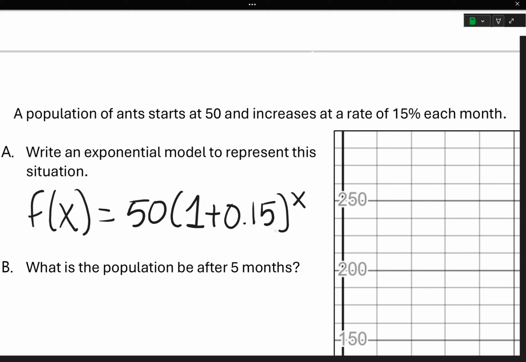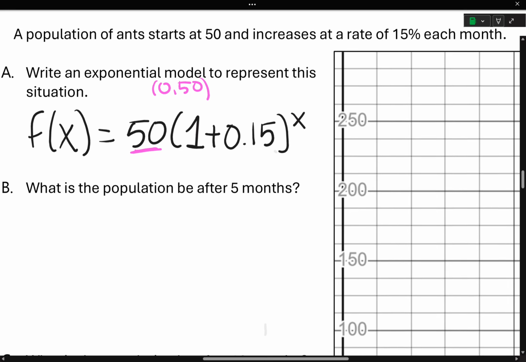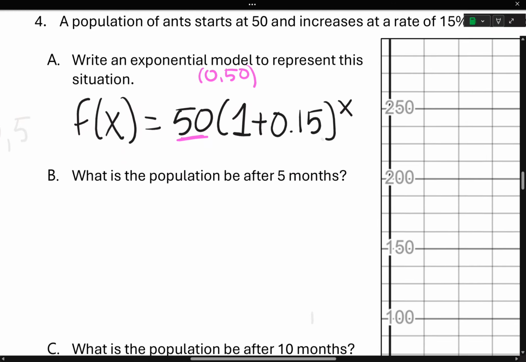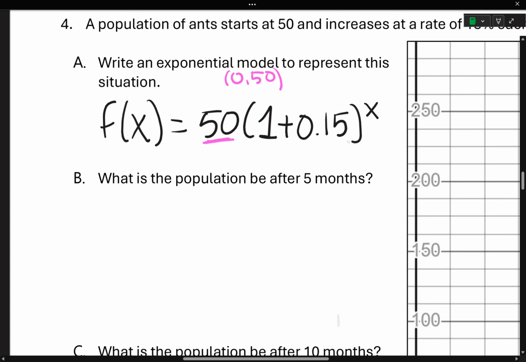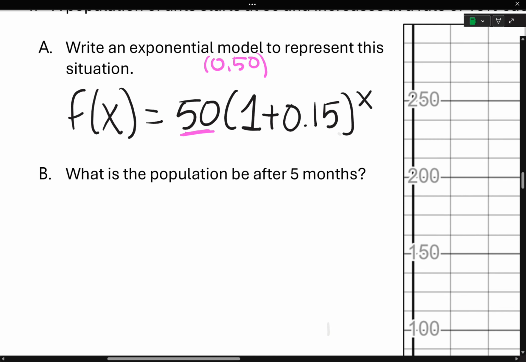Letter A actually gives us a coordinate for our graph. It gives us the starting point, 0, 50. Letter B and C are going to give us 2 more points. In letter B, what I'd like us to find out is what is the population after 5 months. The way we do this is we take 5 and we plug it into x.